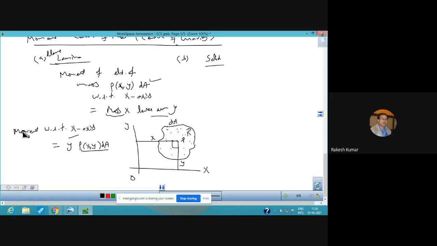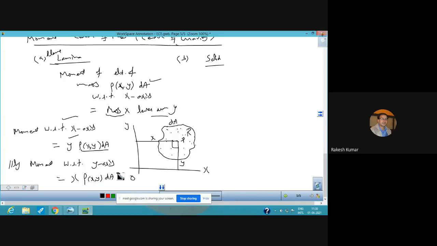So whenever you calculate the moment with respect to the x-axis, the lever arm will be taken as y. Or similarly, we can write down the moment formula with respect to the y-axis. In the case of the y-axis, the lever arm is x and the mass is rho xy dA.